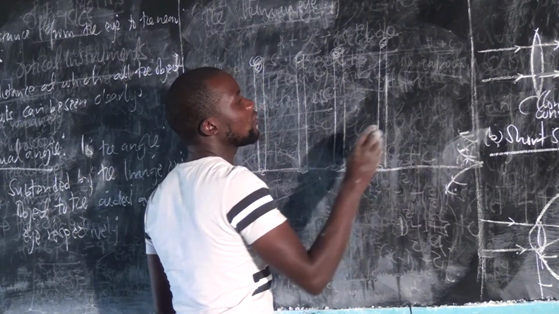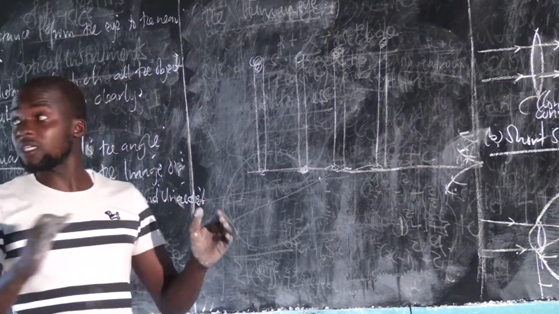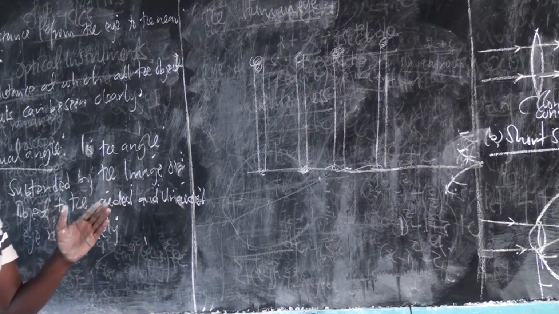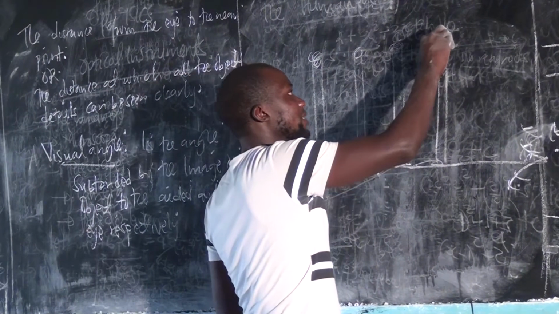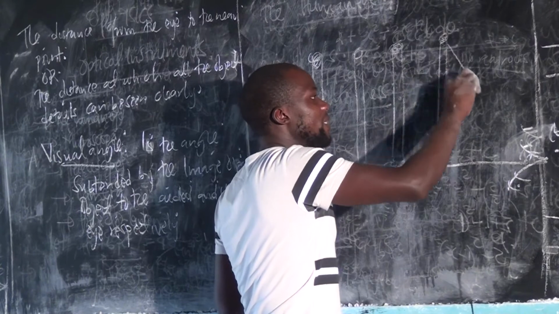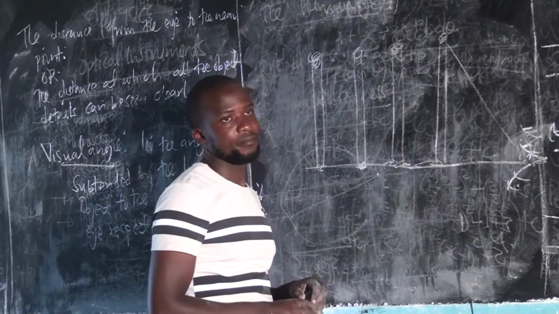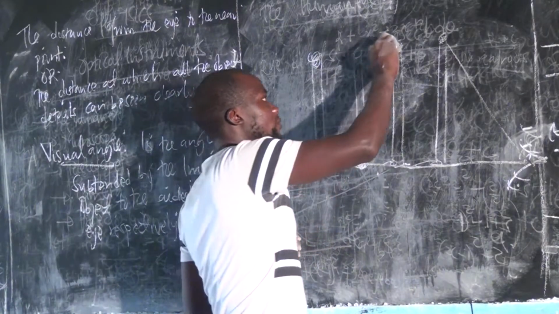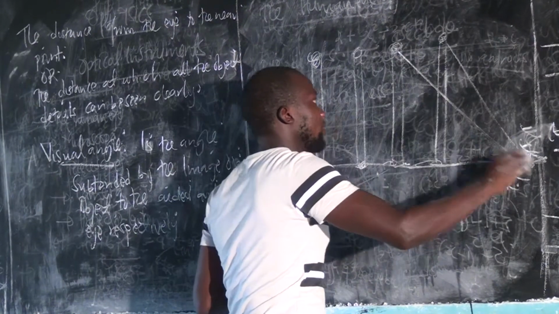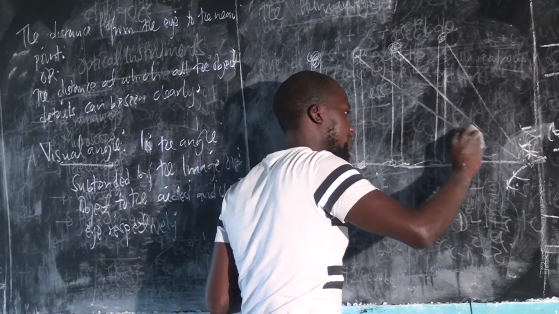These trees are seen with different sizes. They are trees in a line, but the tree that is near this person looks as if it is bigger compared to these ones. These ones look smaller.